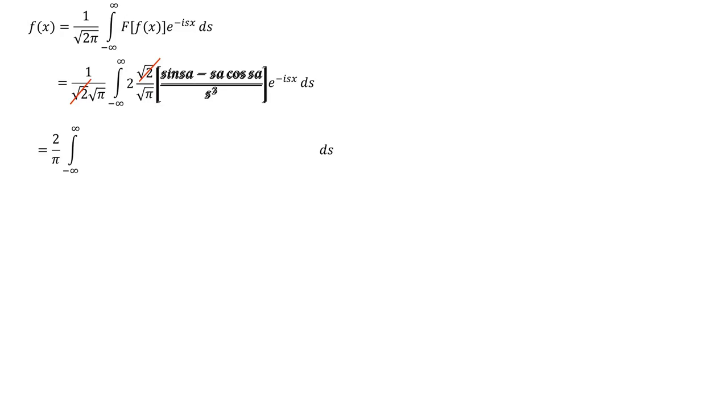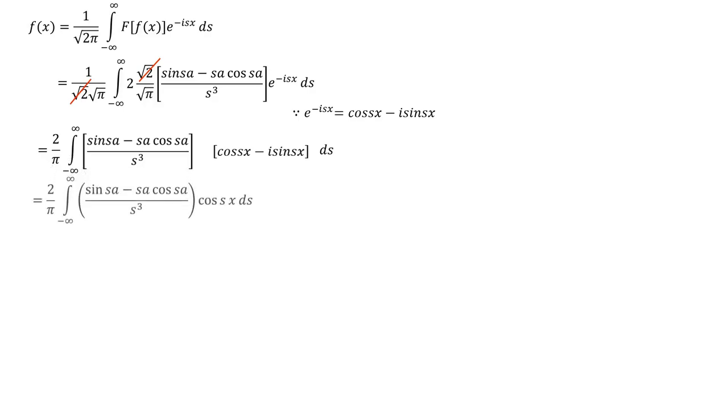The first term is as it is, but the second term we write in polar form. The polar form of e power minus isx can be written as cos sx minus i sin sx. So here we substitute this instead of e power minus isx. After that we multiply, so we get two terms.